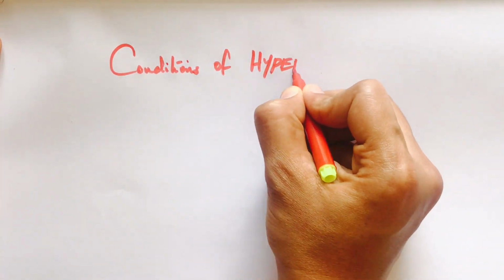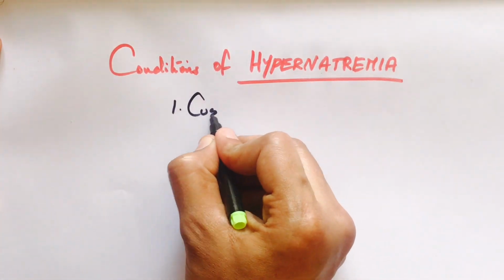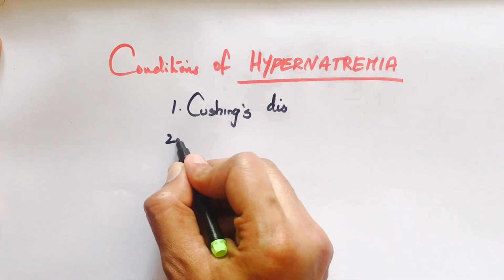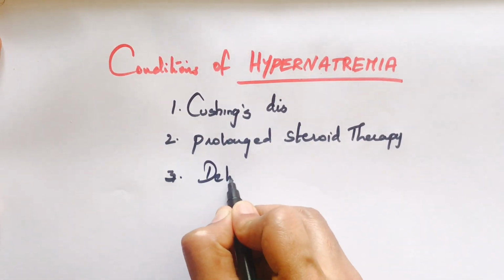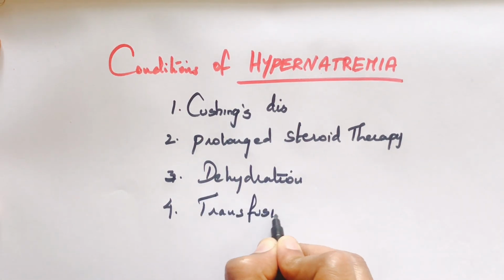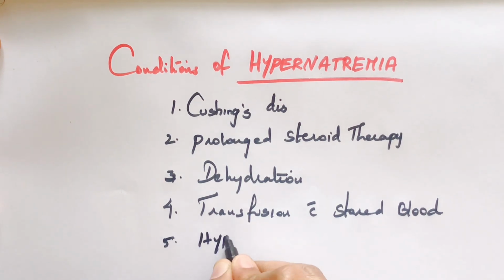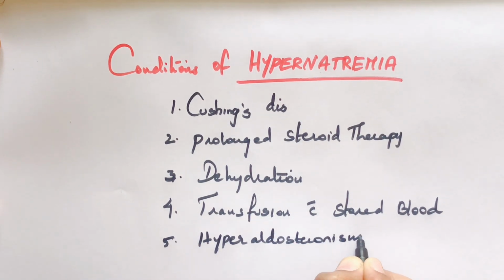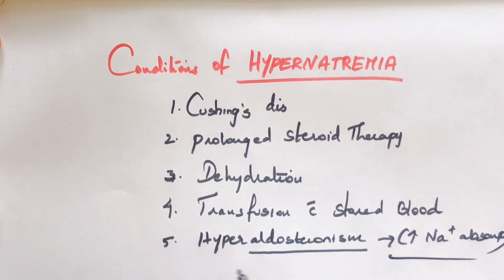Here are a few conditions which cause increased plasma sodium level, and they are Cushing's disease, when the patient receives prolonged steroid therapy, dehydration, transfusion of stored blood, hyperaldosteronism. What is the function of aldosterone?